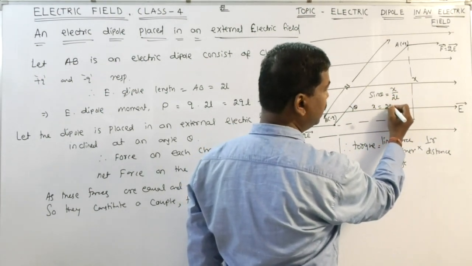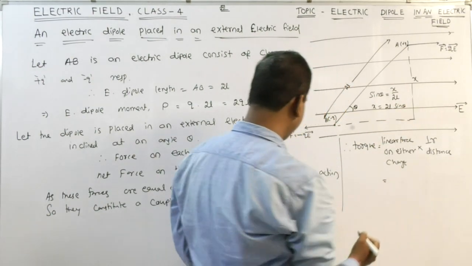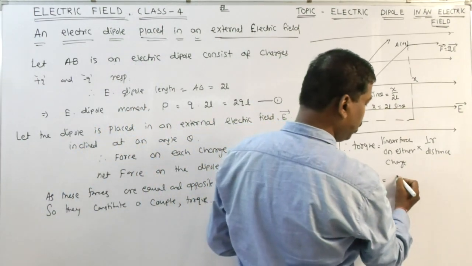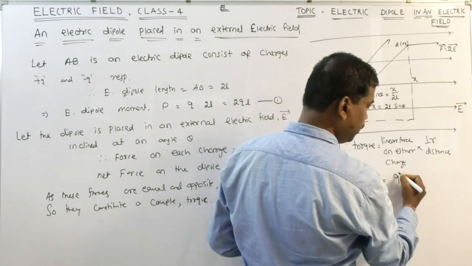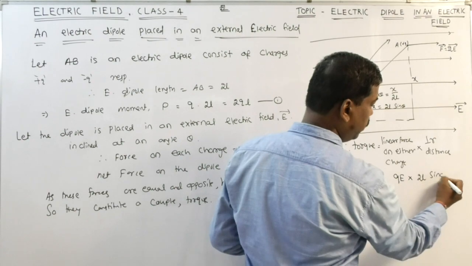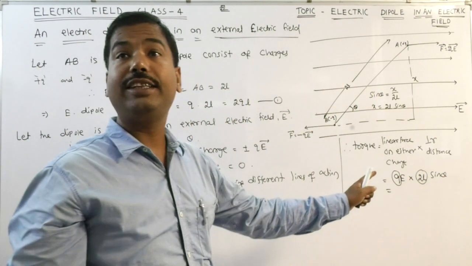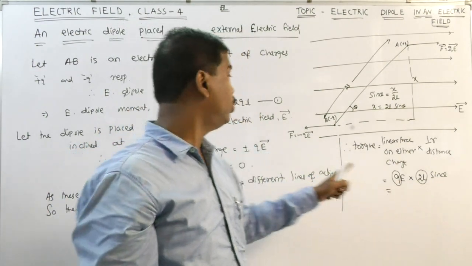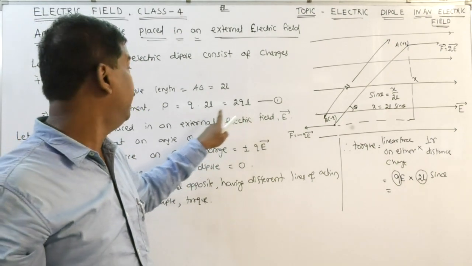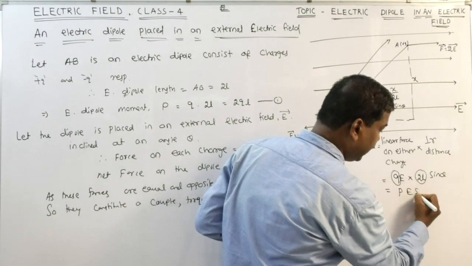Therefore, perpendicular distance is 2l sine theta. So linear force is either one force, the force on each charge. The force on each charge is how much? qE. The perpendicular distance is 2l sine theta. It means here q is there and here 2l, charge into length. Whenever we discuss charge into length, that is for the electric dipole moment p. So I can put it as pE sine theta.